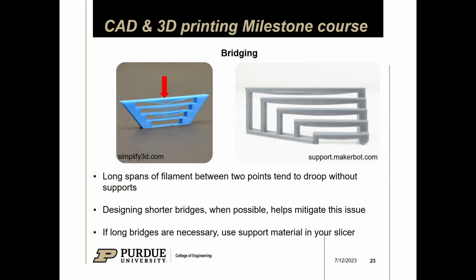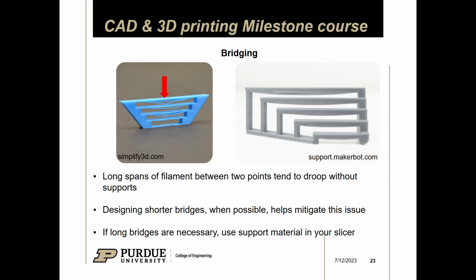So please avoid long bridges because it might require support material, or it just might not look great. Because you're the designer, you can design out the requirements for long spans unless your model really requires it, right?